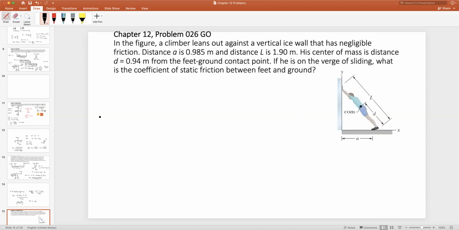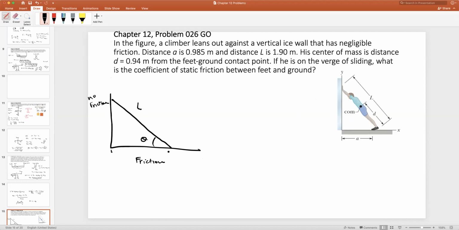Okay, so this problem is the ladder problem. Essentially, we have friction on the bottom. We have no friction on the side. From here to here is L. We have some angle here.